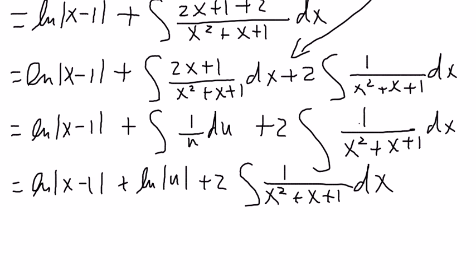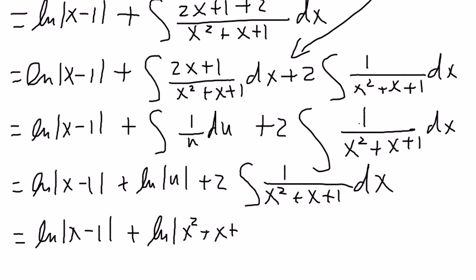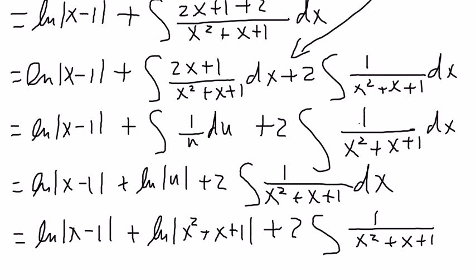Plug back in what u was, you'll get ln x minus 1 plus ln x squared plus x plus 1, and then plus 2 times this last integral, which we'll spend a little bit of time on. Okay, so let's for now just consider this integral here, and in fact we'll just multiply by the 2 at the end, make sure we don't forget.